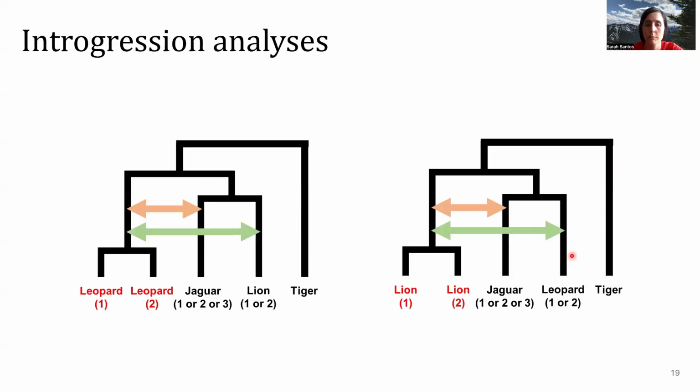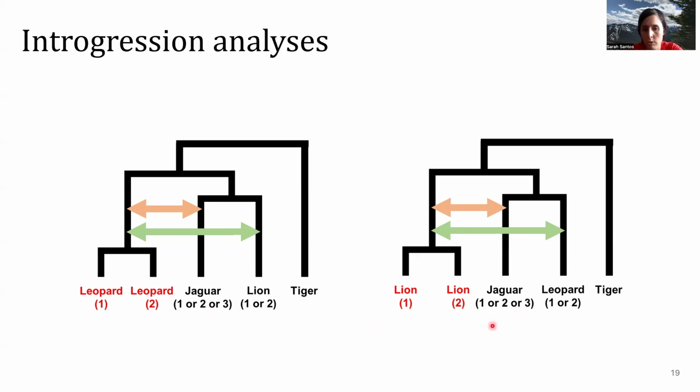Then we also estimated the statistics, so the ABBA-BABA patterns. And now we try to establish that the species tree is not lions and leopards. So we ruled that out, and we generated these statistics using the 2 new possible species trees. So now we had either jaguars and lions as sister clades, or jaguars and leopards.